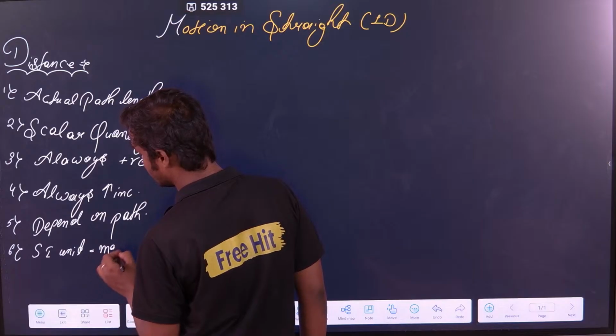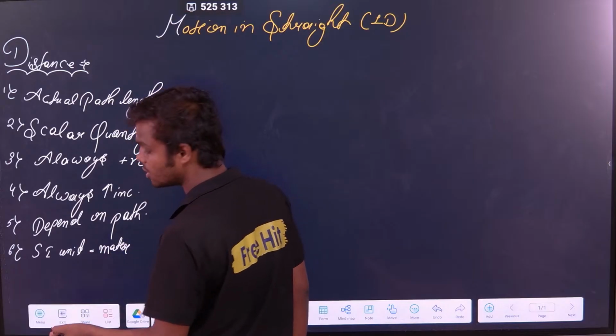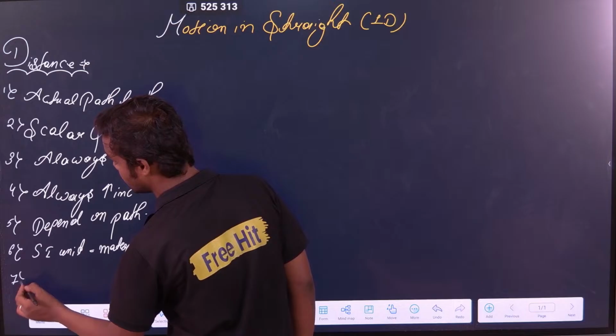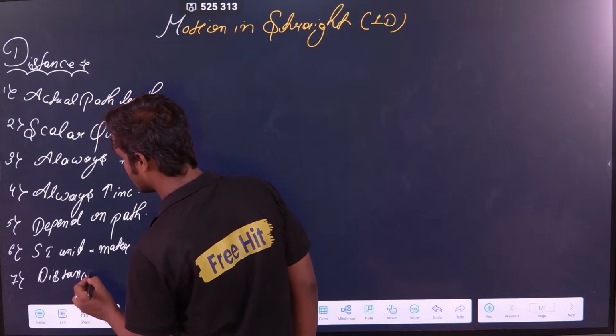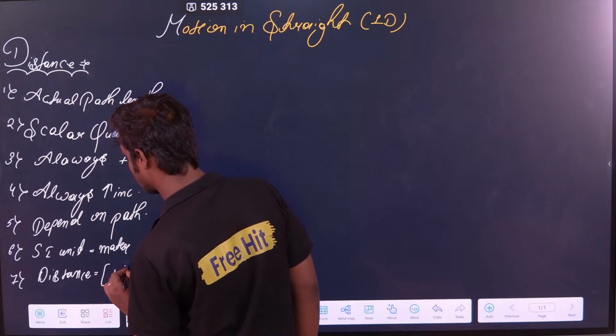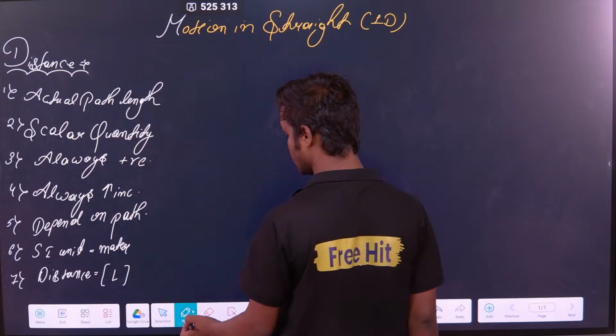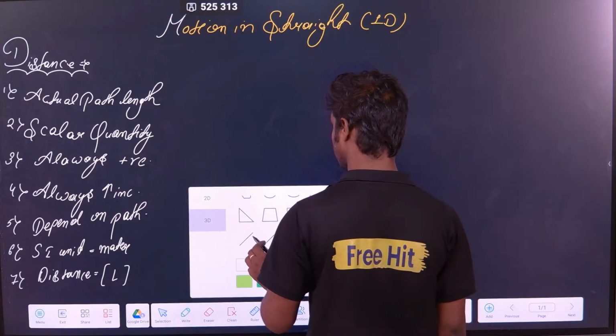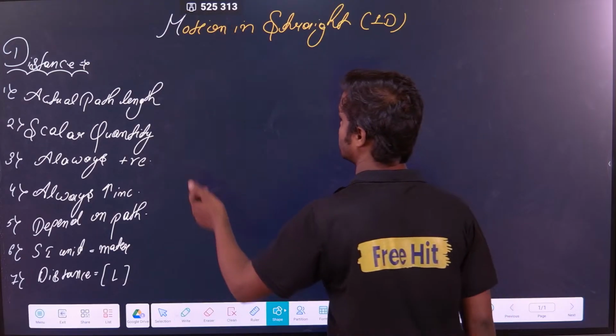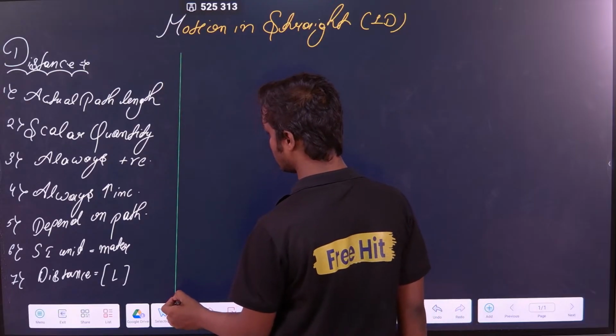That you know, it is meter. If I ask you to write the dimension, the dimension of distance will be that. So basically, these are the properties of a distance.